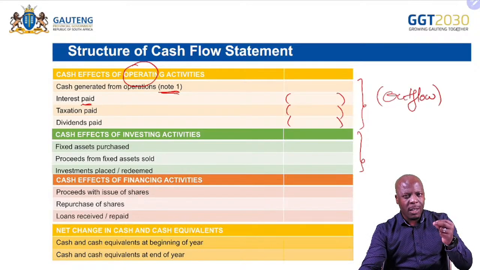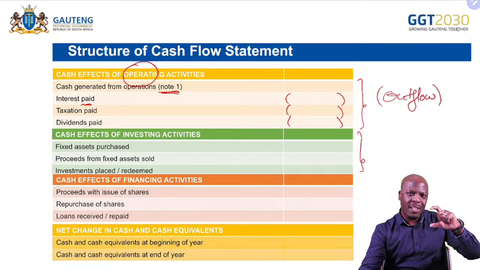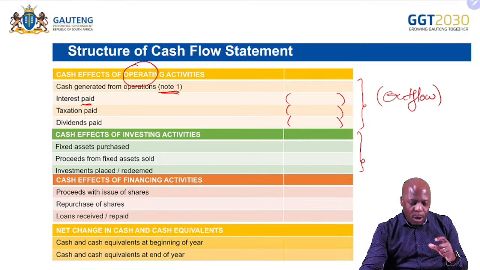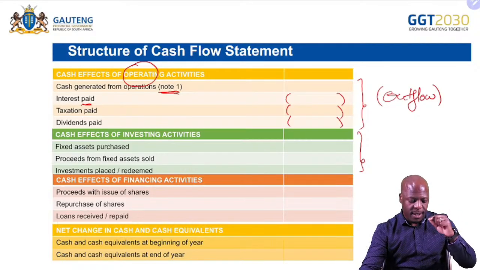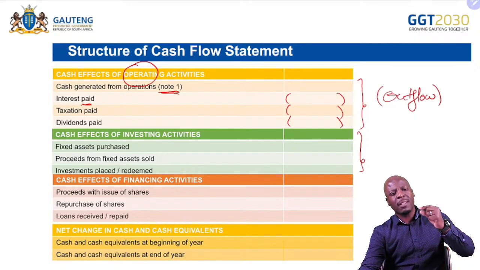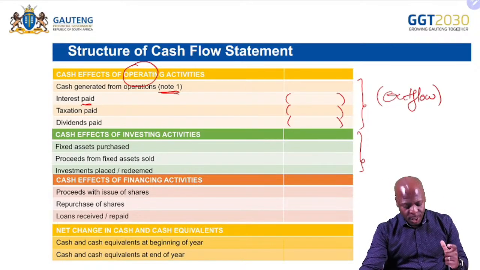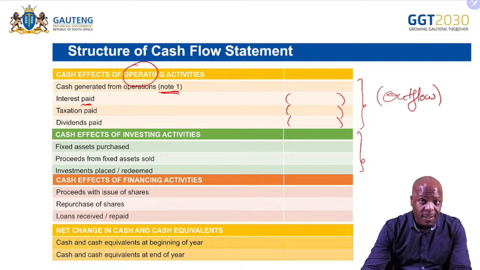Already in your mind, you're thinking the top part of the balance sheet. Yes, exactly, the top part of your balance sheet. Now, when you think of the top part of your balance sheet, you are going to have your fixed tangible assets and you have your financial assets, which is your fixed deposit. Those two aspects are the ones that relate to our investing activities.